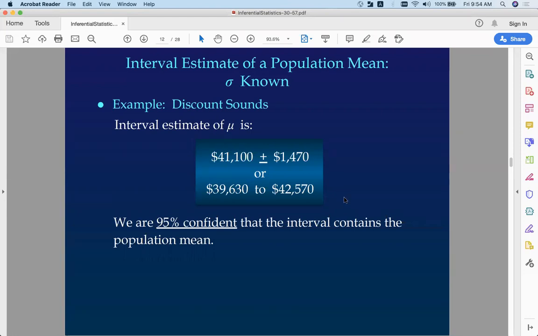So 50,000 is not the average salary. It is actually way beyond the interval of the average salary. They are paying more than required. At the same time, they don't want the employees to suffer, so they should not pay less than, let's say, 35,000, right? That is also bad, because they didn't do any statistical study. Their decisions are not data driven.